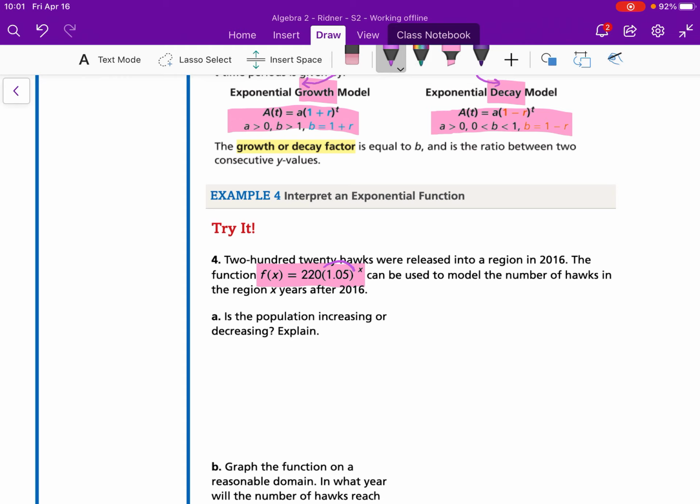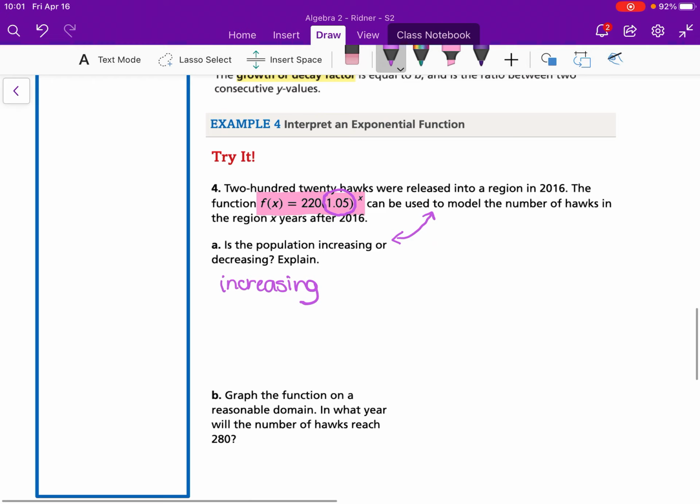So what we do is look at the value being raised to x. Is it greater than 1 or less than 1? Well, that's greater than 1, so it must be increasing. Also, if I graphed that function, I would notice that it's doing this, which would tell me that it is increasing.